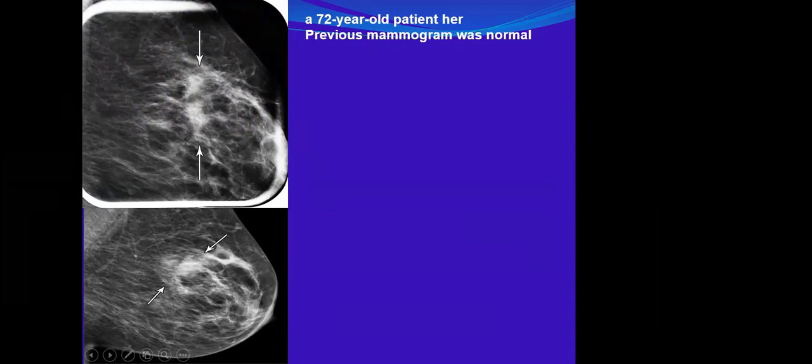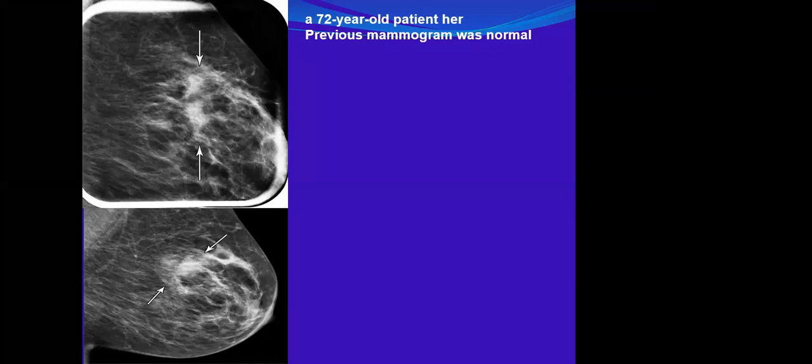What does it indicate? A developing asymmetry. And it does not disappear on spot compression, which means it is real, it's a lesion, not a superimposition of tissue.